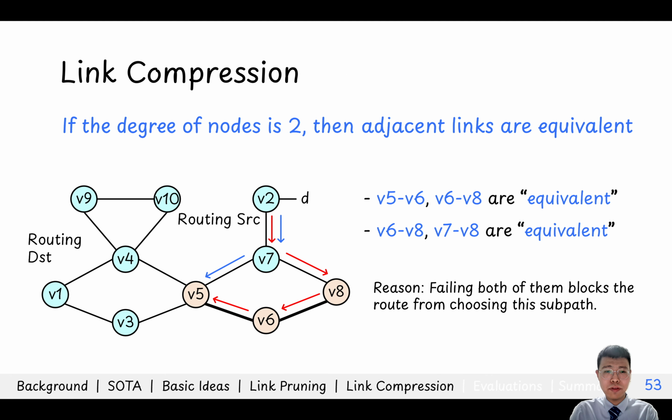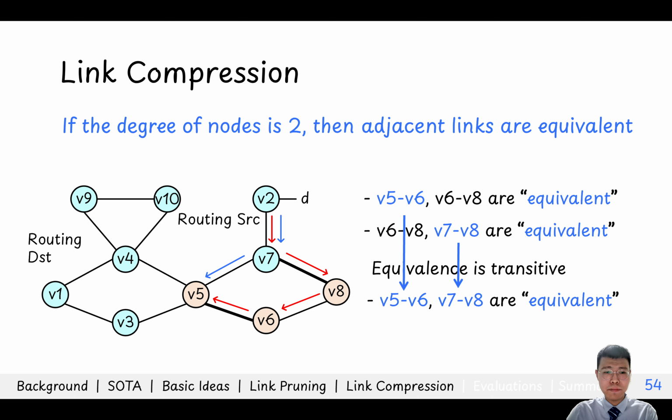We find that if the degree of a node is 2, then the adjacent links are equivalent. For example, V5-V6 and V6-V8 are equivalent, and V6-V8 and V7-V8 are also equivalent. The reason is that failing both of them blocks the route from choosing this subpath.